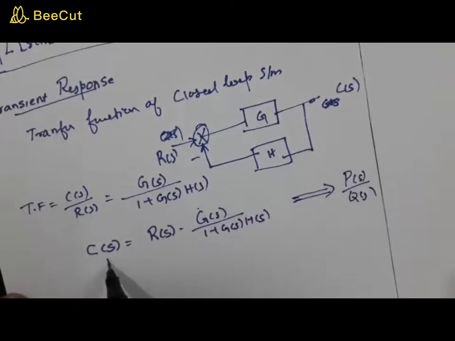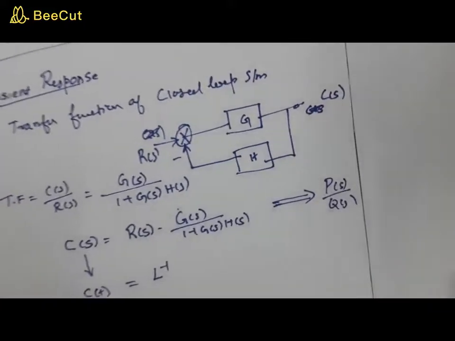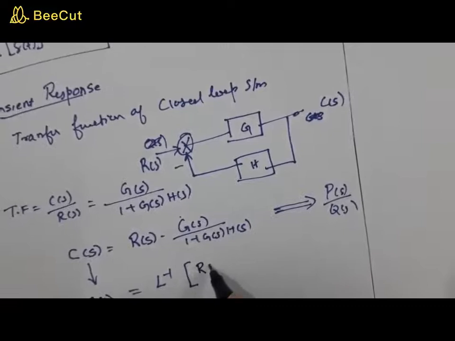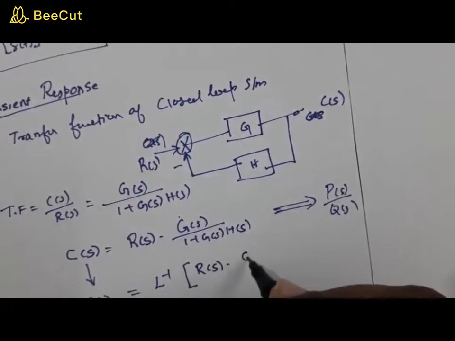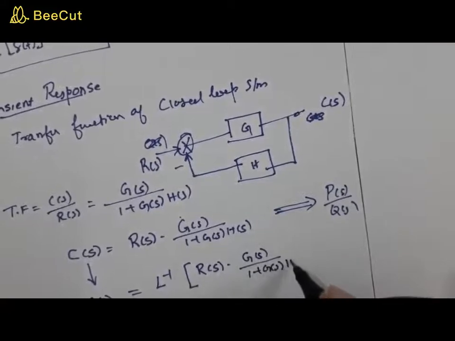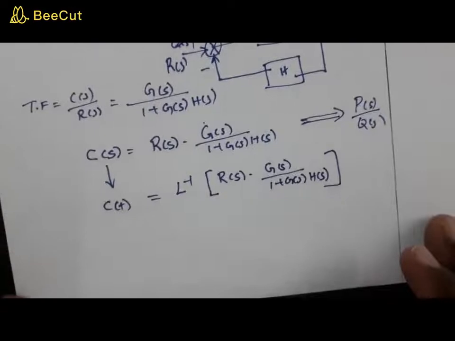Now from this, if you find the inverse, you will get the Laplace inverse of R of S into G of S by 1 plus G of S H of S. So you'll be getting C of t, right?